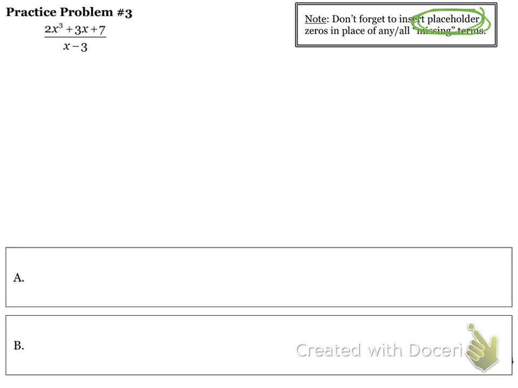So essentially, up top, my dividend is missing a quadratic term. So I could rewrite this as, well, conceptually, this is what we're going to do. 2x to the third plus 0x squared plus 3x plus 7. So now we go 3, 2, 1, 0 as far as our degrees go. So the coefficients we use are 2, 0, 3, and 7.